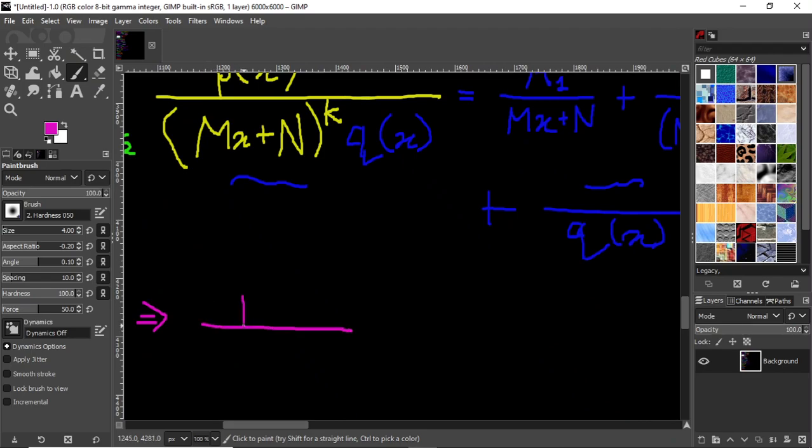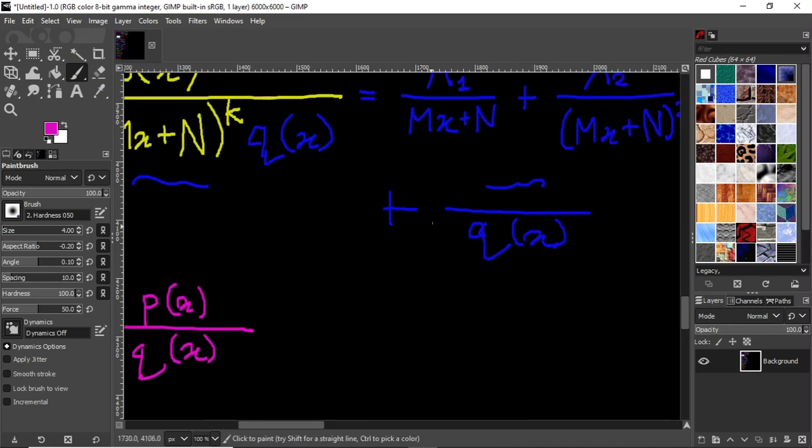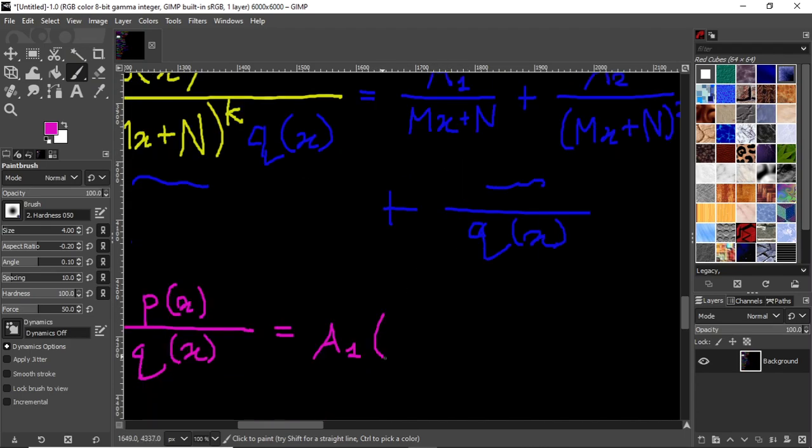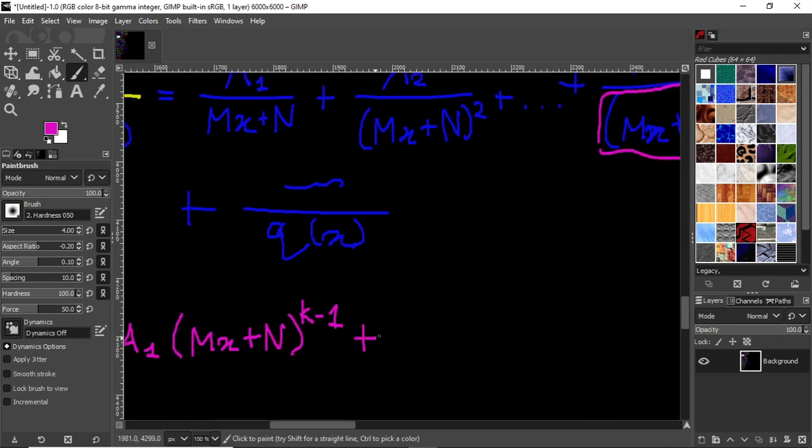So we have p of x divided by q of x remaining, and this is going to equal a1 multiplied by mx plus n to the power k, divided by mx plus n, so we have mx plus n to the power k minus 1, plus a2. I think you get the trend here.